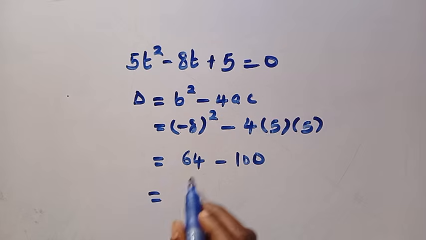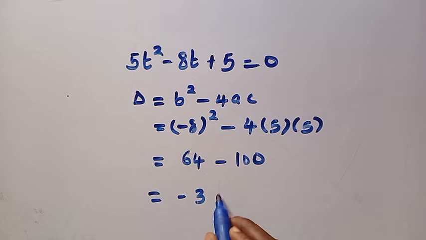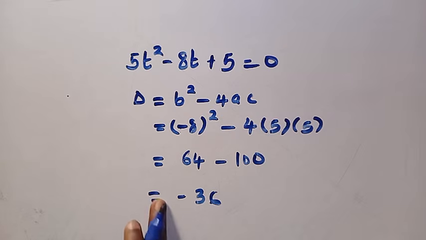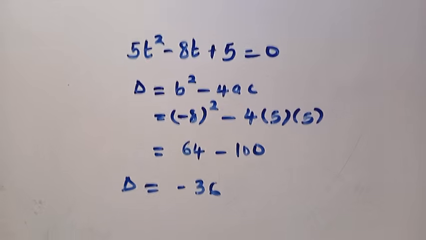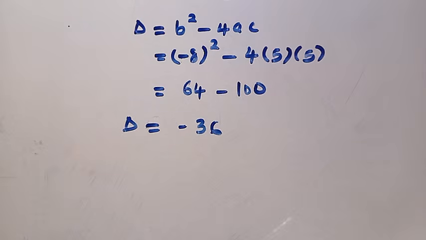So with this we have 64 minus 100, that is minus 36. Looking at this, the discriminant equals minus 36, which is less than 0. Which means we have a complex solution. And anytime we have a complex solution, we are not going to have a real value for this.